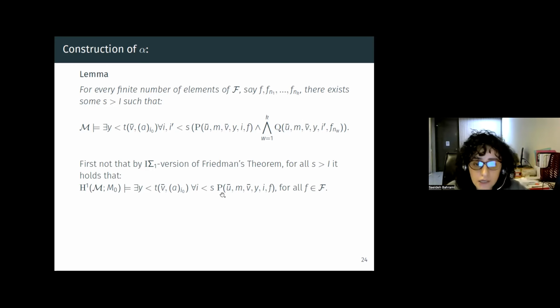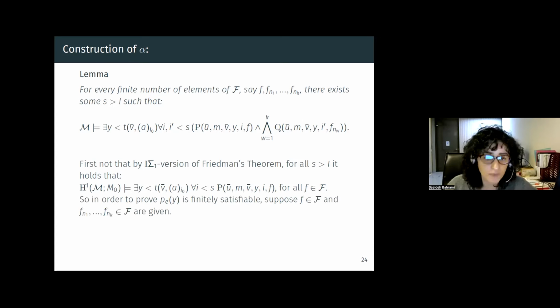One part is for the property P. The other part is for the property Q. But for this part, we don't have any problem, because by Friedman's theorem we can find some Y which serves as an image for M. So the only part is the Q part of the type.